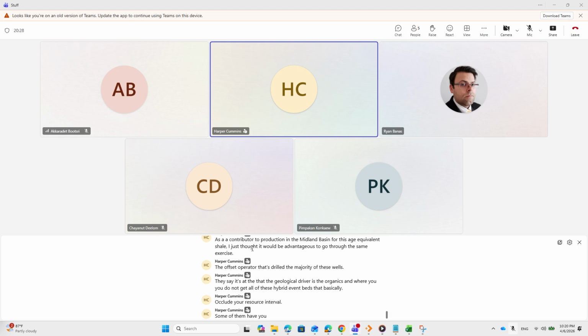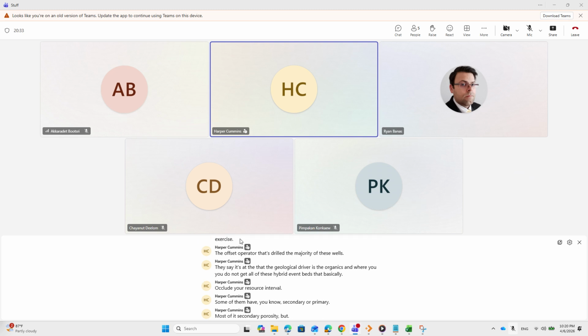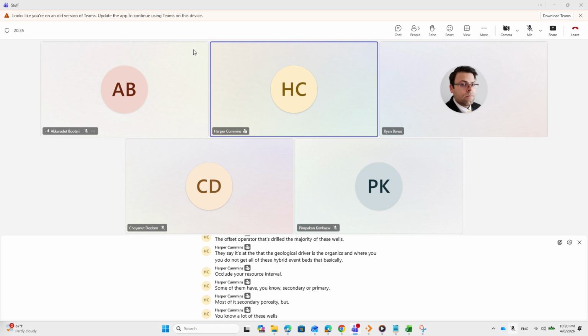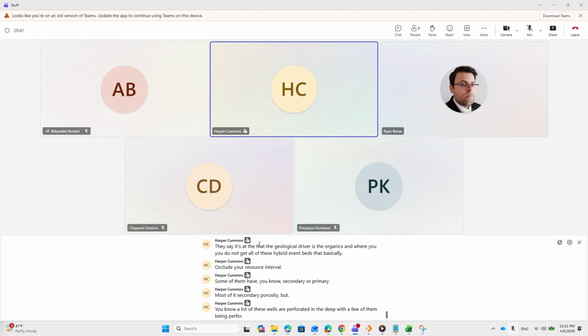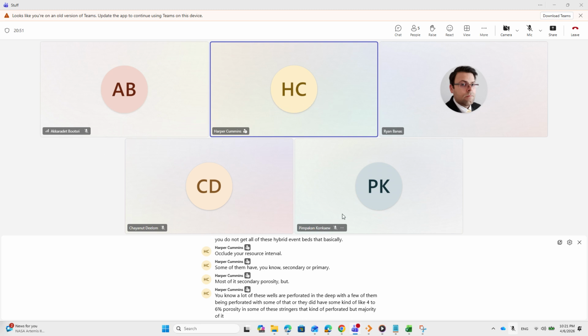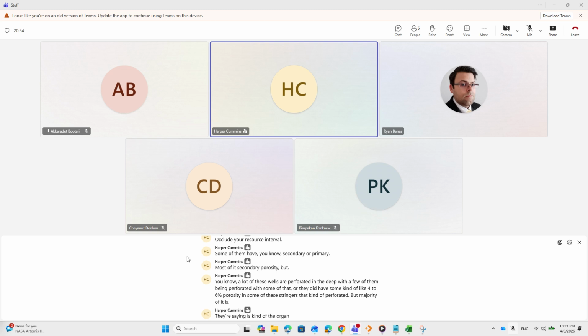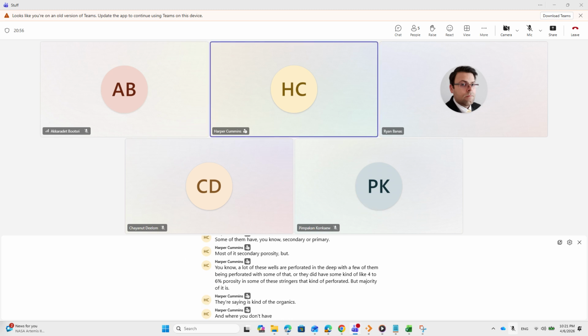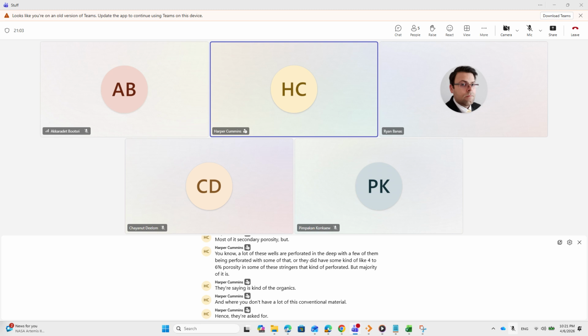Some of them have secondary or primary porosity, mostly secondary, but a lot of these wells are perforated in the deep, with a few perforated in stringers with some 4 to 6% porosity. But the majority, they're saying, is the organics, where you don't have a lot of this conventional material. Hence they're asking for clay and TOC.